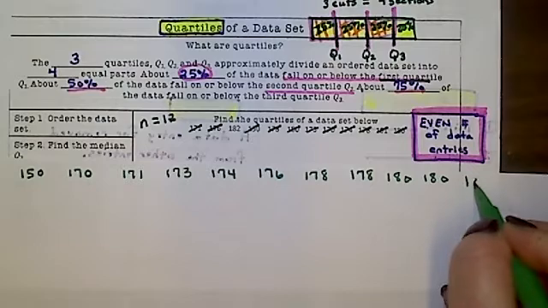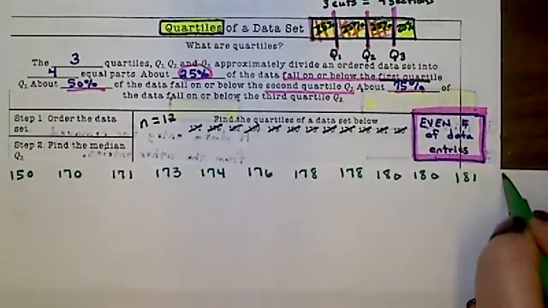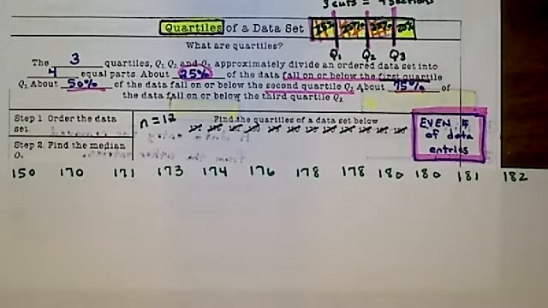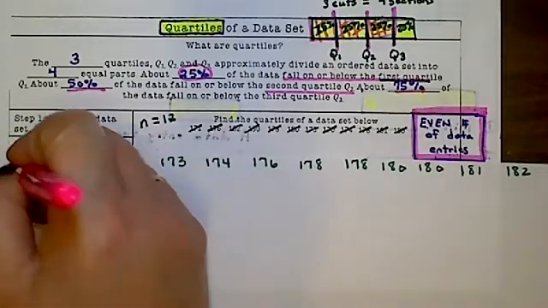A 181, and lastly a 182. Okay, good. I got all that on that screen. Okay, so what I need to do first is I need to try to figure out my middle. So I'm lining them up from least to greatest, and I'm trying to figure out my median, the middle value. So as I look at that, I'm just going to kind of match these up.